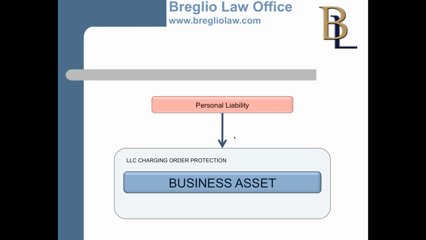So anytime this business allocates a distribution and allocates profits to the partners, partner B gets his 50% of the profits that month, but partner A's profits would have to go to the family of the deceased, because they get what partner A would have gotten. The family of the deceased don't become members or partners in this company, so they're not owners of it. They're not managers of it. They get no voting rights in it. The only thing they get is whatever partner A would have gotten if things are given out.